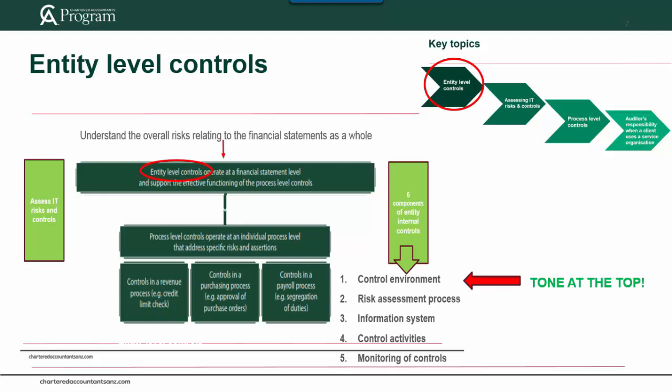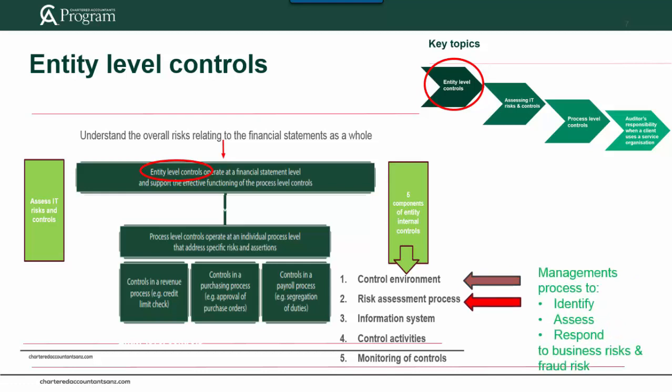Entity-level controls also include controls relating to the risk assessment process. This is management's formal and informal process for identifying and assessing and managing business risks and risks of fraud. This is a necessary process for management to fulfill its responsibilities.